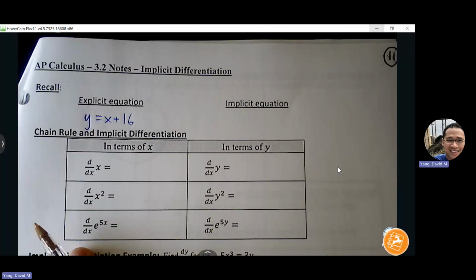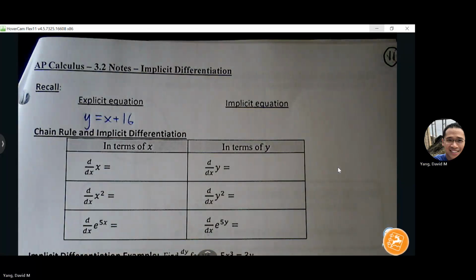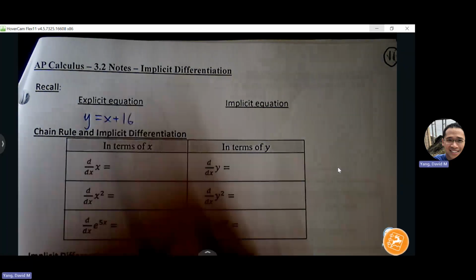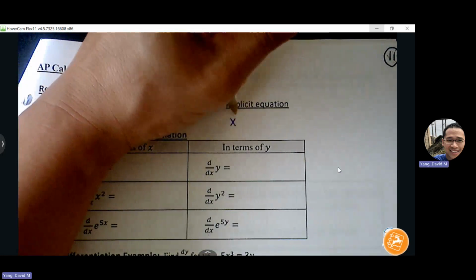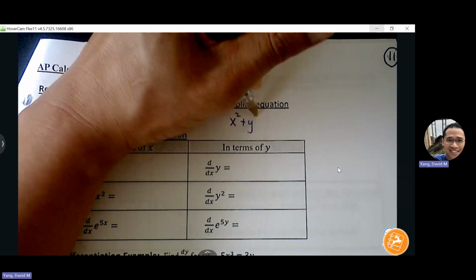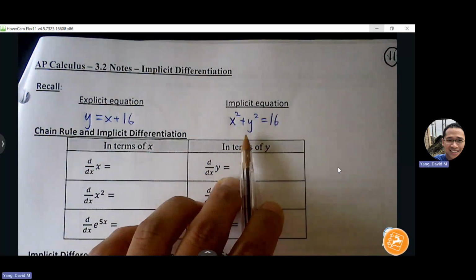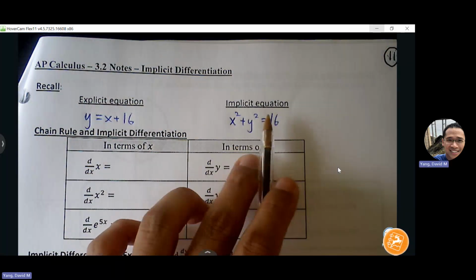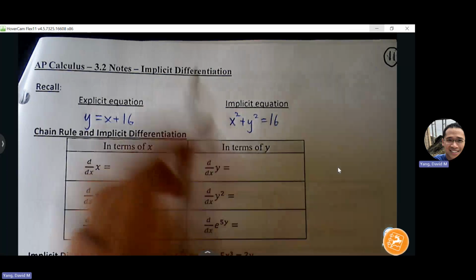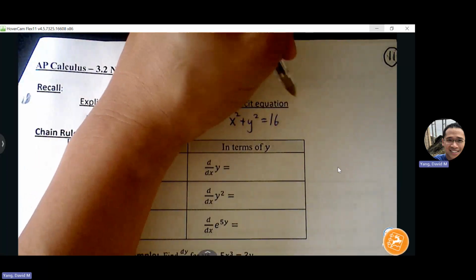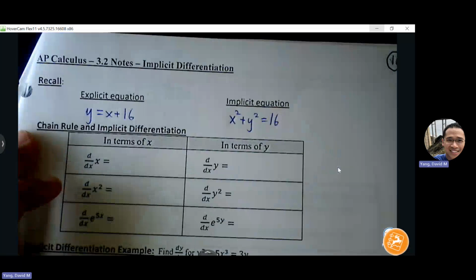So we're on page 11 here. Now, an implicit equation is where our y is not quite by itself. So typically, implicit equations are potentially not a function. Many times implicit equations are not functions.